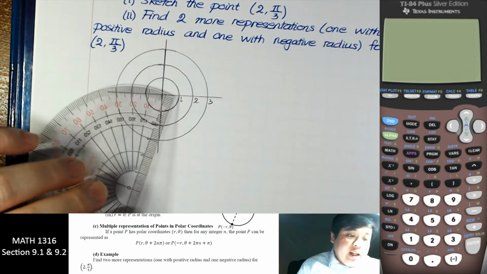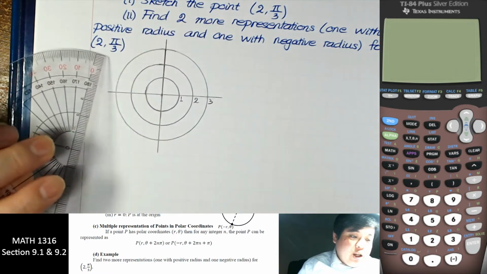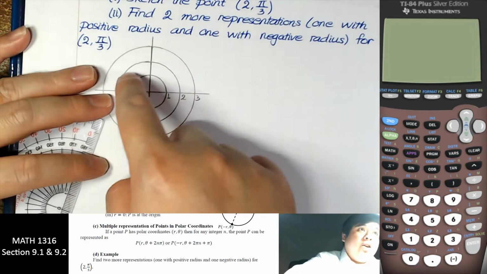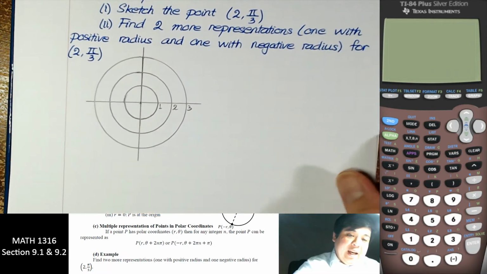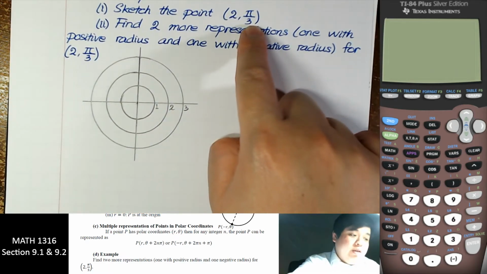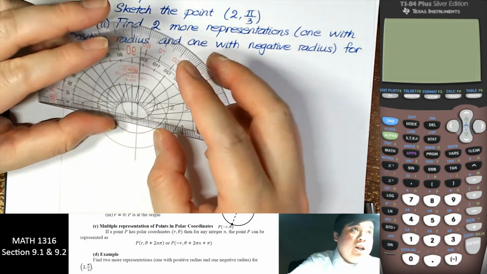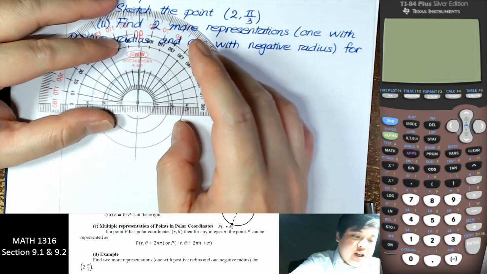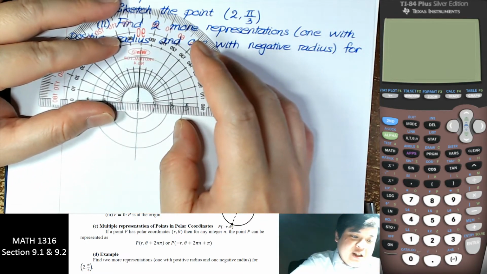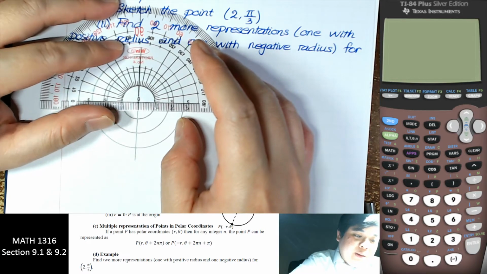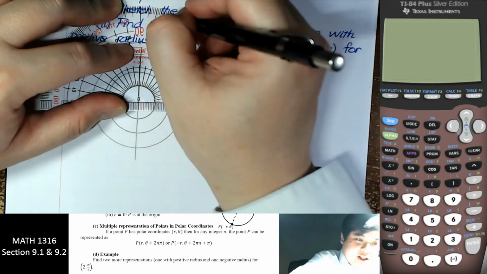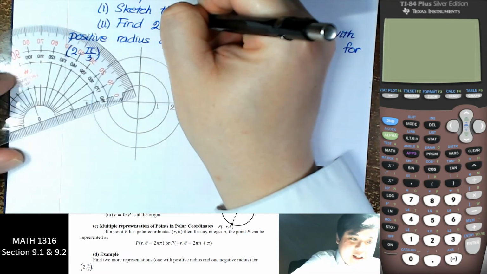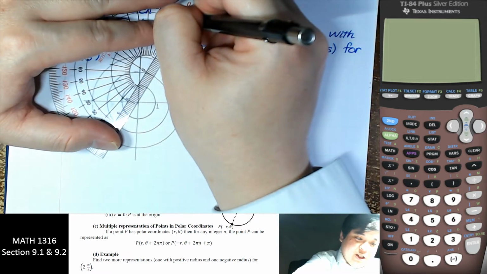Next, the radius is equal to 2, so we know that it's going to be on the second circle, radius 2. And then the angle is pi over 3. Pi over 3 is 60 degrees. So I actually have a protractor here. That's 0 and 60 degrees right here. Connect that to the center.